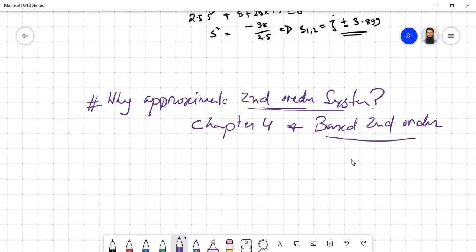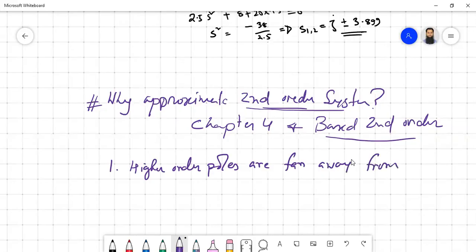Number one, we are assuming that higher order poles are far away from the dominant second order poles.